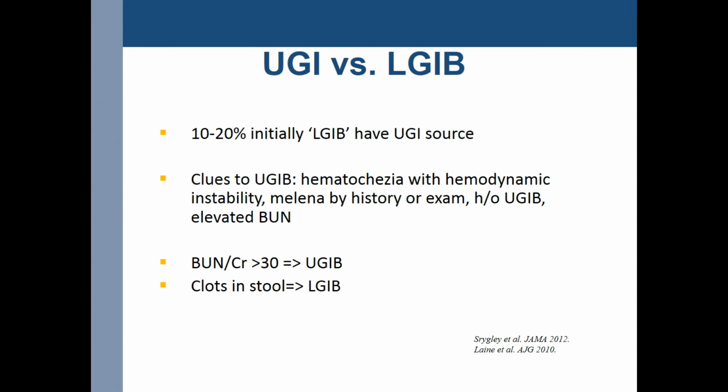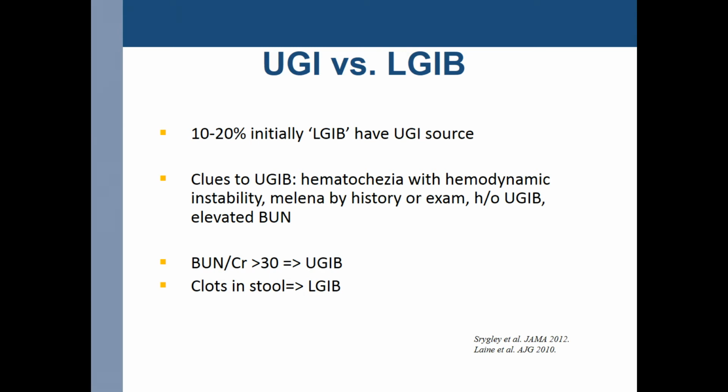Now, some clues to whether the patient could be having upper GI bleeding include hematochezia with hemodynamic instability, which implies that there is bleeding happening so rapidly from above that it is passing very rapidly through the GI tract, not having time to turn into melena, and the patient is hemodynamically unstable.